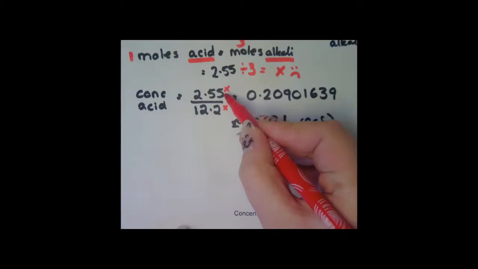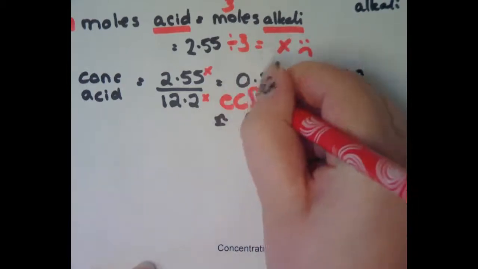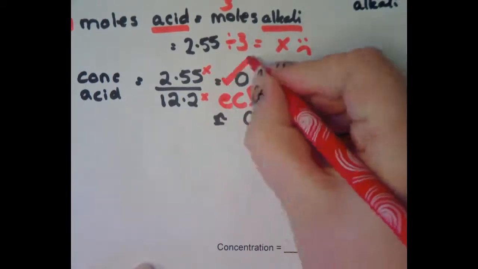So they have used the wrong numbers, but they've used the wrong numbers correctly. Strange idea, I know. They have done the correct calculation with the wrong numbers, so they do get a mark here. This is what is called an error carried forward mark, where they've done the right thing but with wrongly calculated numbers. So they do actually get that mark there.